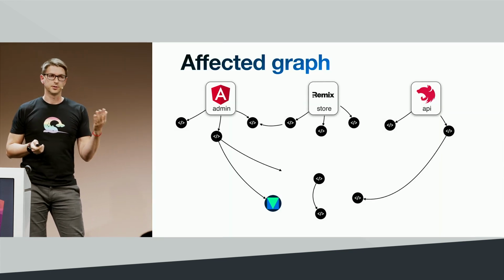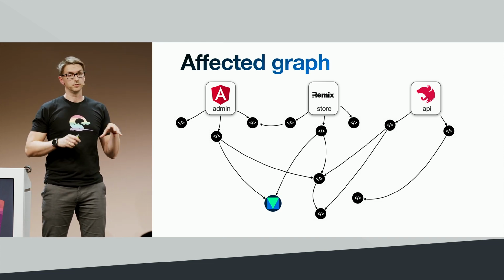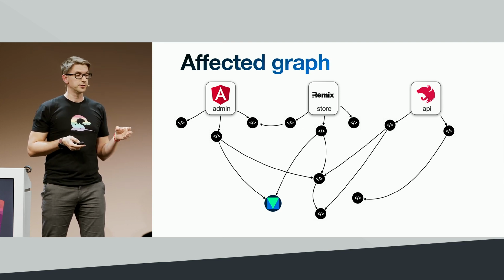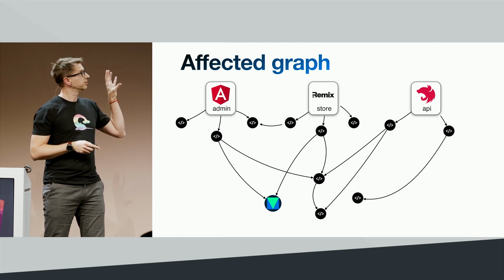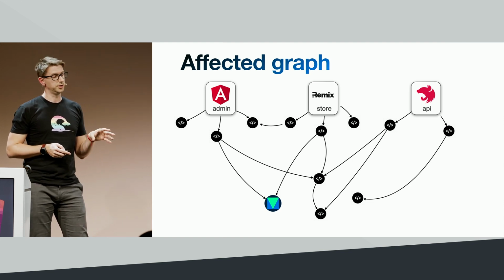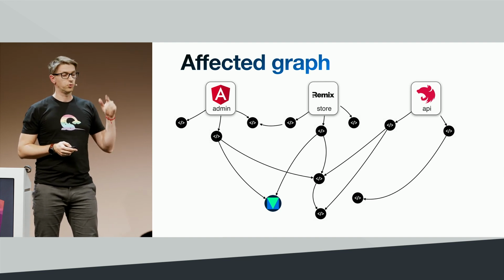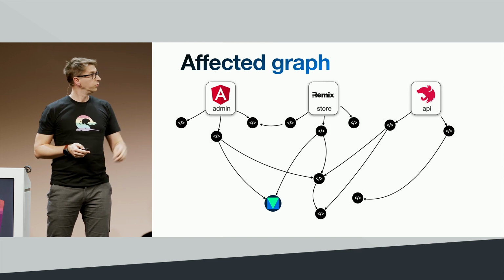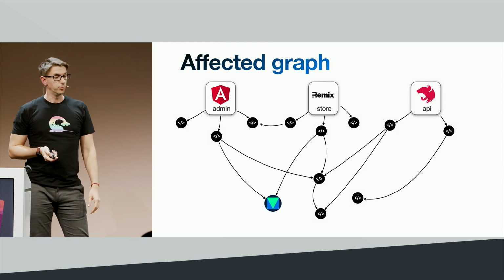One of the things that was already mentioned today is the affected graph. When we know how the things are together, we can also see how they are connected. So based on the libraries and their imports in between them, we can see how this graph would look. So for example, we can see that here we have 3 applications on top. 2 of them are front-end, 1 is back-end, and underneath we have this material blob, which are our UI components.